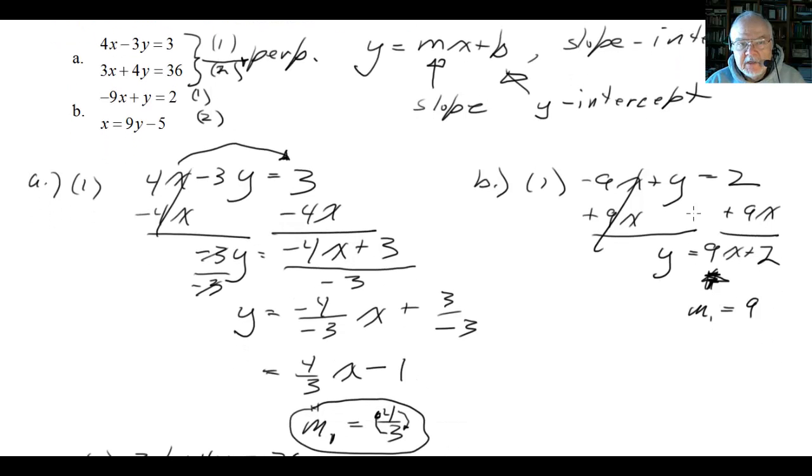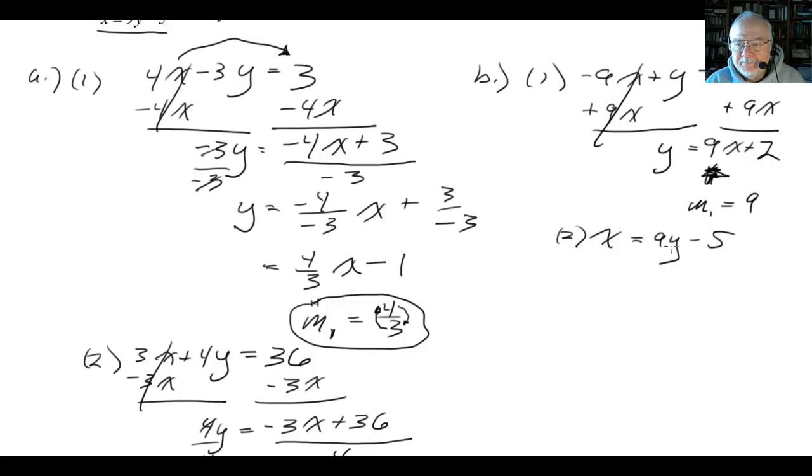Now, if the second line is perpendicular, then the slope is going to be -1/9. Let's see if that's the case. All right, so the second equation is x equals 9y minus 5. Well, let's flip this because it looks like it might be slope-intercept form, but it really isn't. So when I flip this, I get 9y minus 5 equals x.